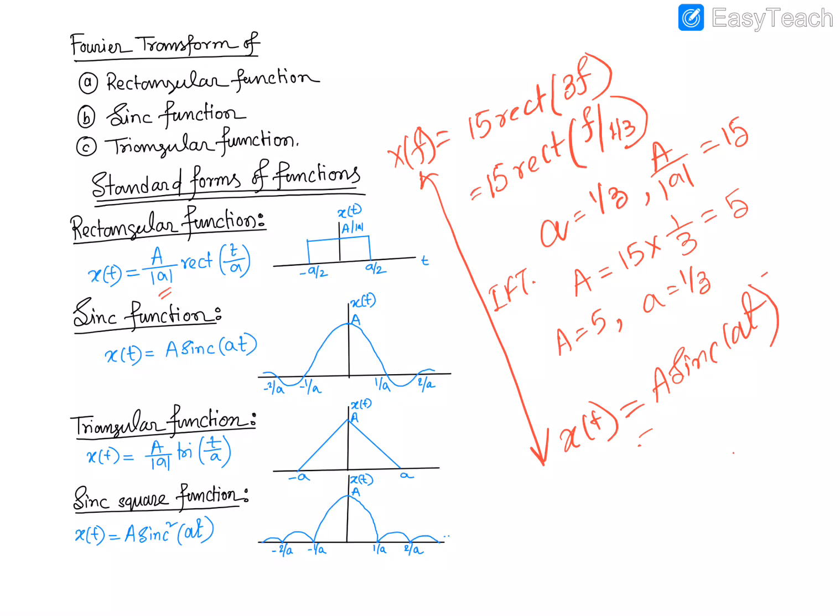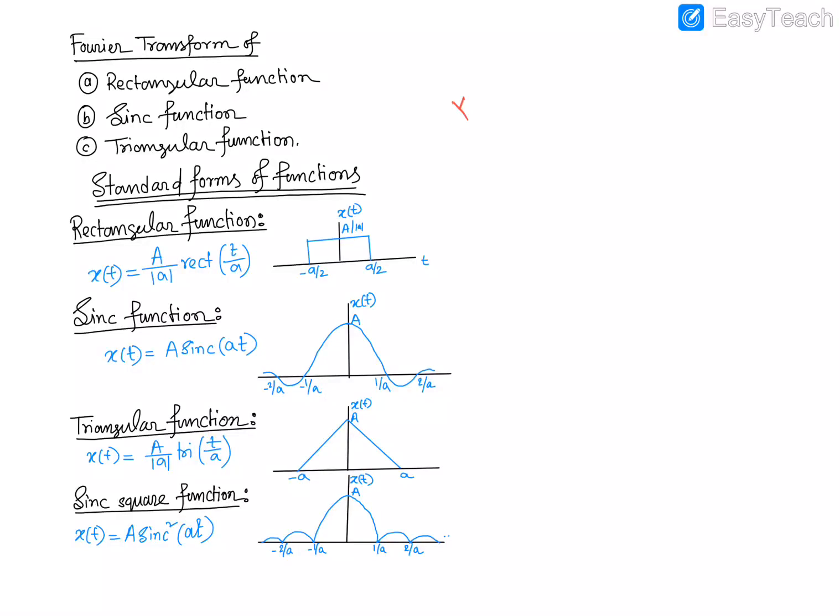So this will be A is 5 sinc, and small a is 1 by 3 t. So this is 5 sinc of t by 3, the inverse Fourier transform of this function.